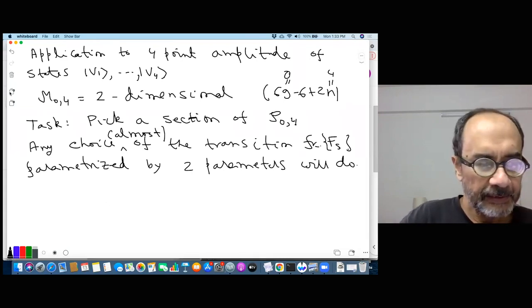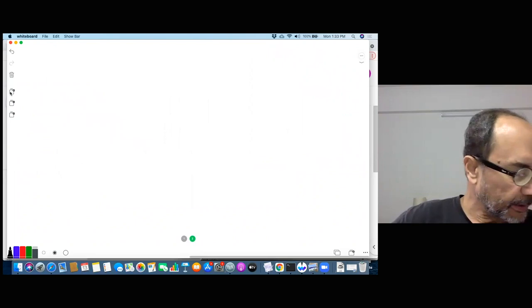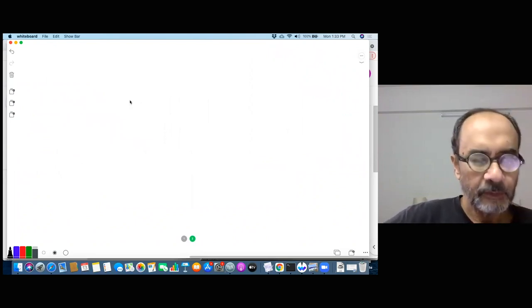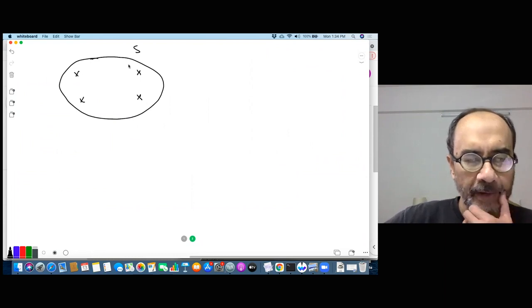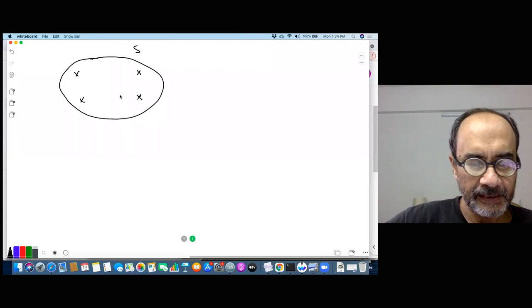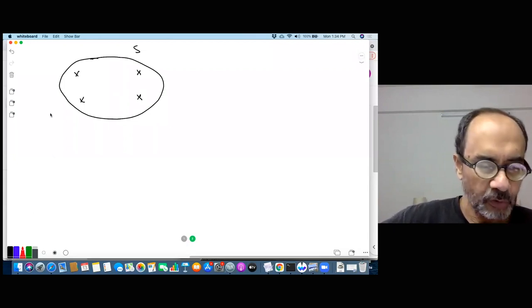Let me then remind you what our procedure was. So we have 4-point function on a sphere. So this is our sphere. And you have 4 punctures. So first you have to divide it into regions using circles. So let me draw those regions.